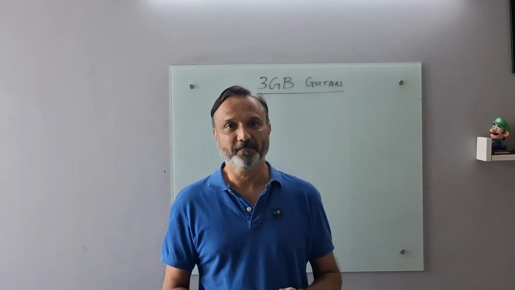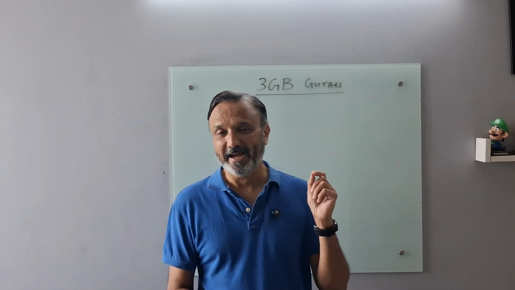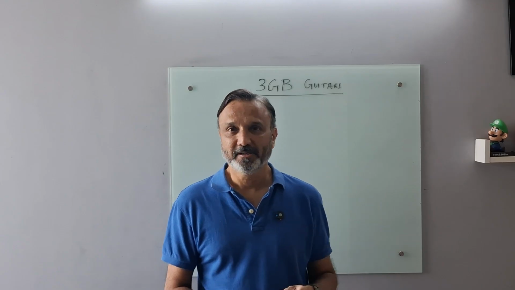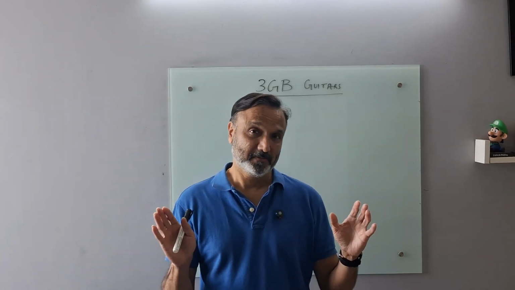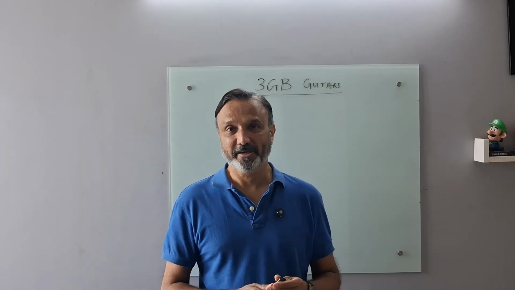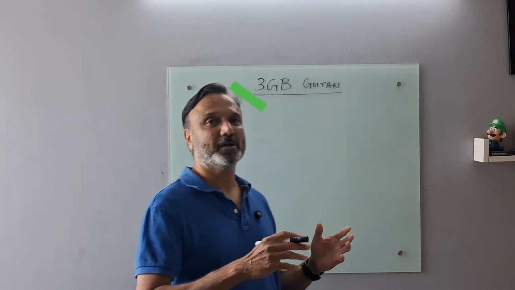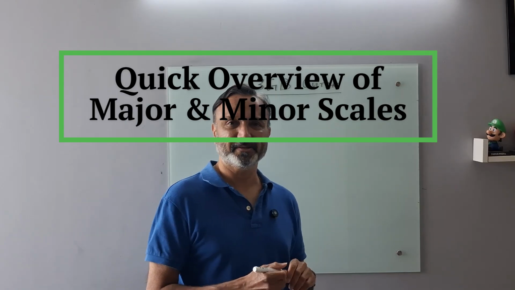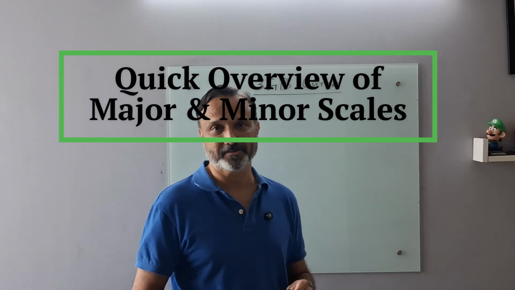Okay. So before we get to the key and chords, I just want to check if you remember how the notes of a scale are formed. Okay, so we'll be talking about two scales, the major scale and the minor scale.